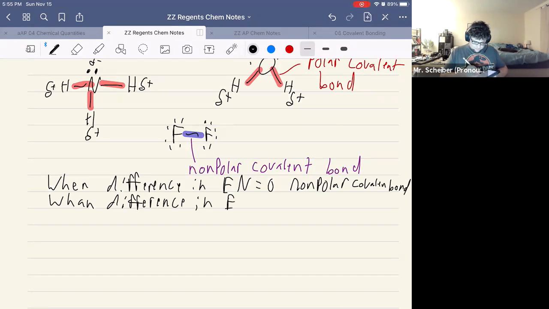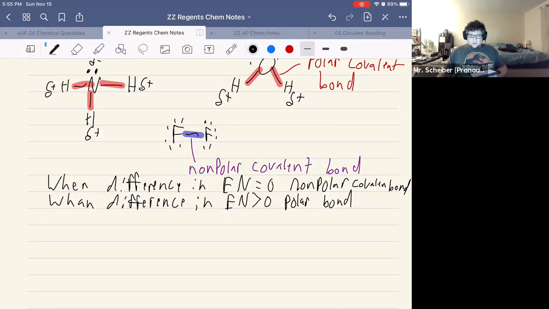When the difference of electronegativity is greater than 0, then it's a polar bond. And the reason I am not writing polar covalent bond is because it could be either a polar covalent bond or an ionic bond. An ionic bond is a polar bond.